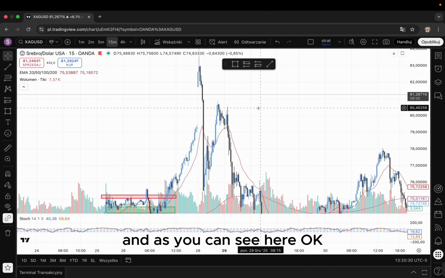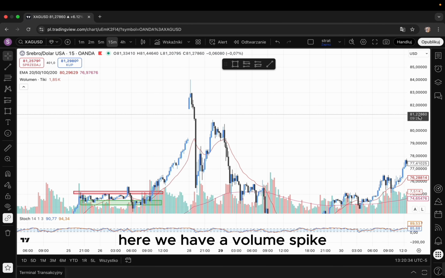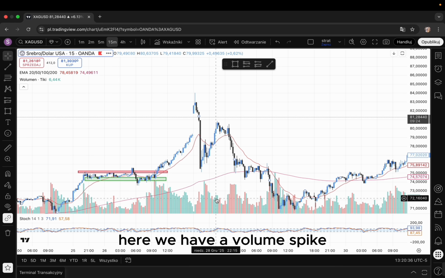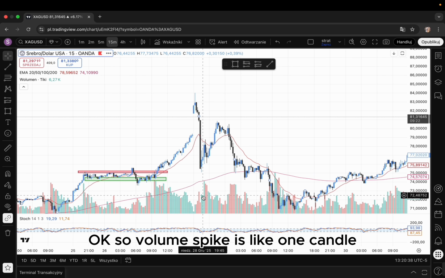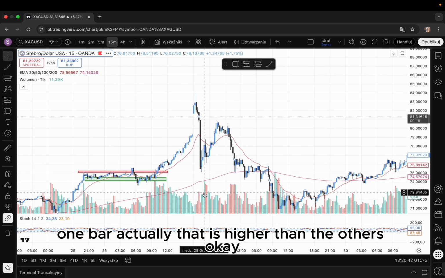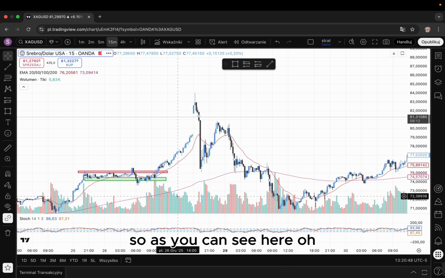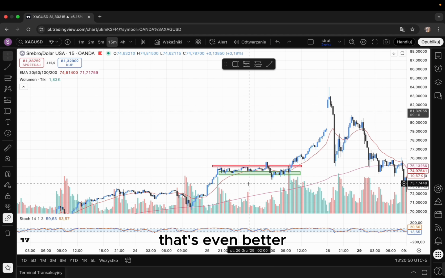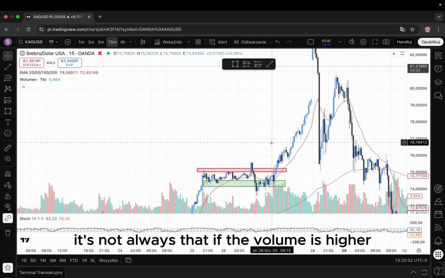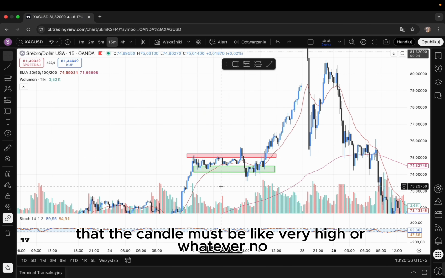And as you can see here, we have a volume spike. A volume spike is one bar that is higher than the others, higher than the average. It's not always that if the volume is higher, the candle must be very high.